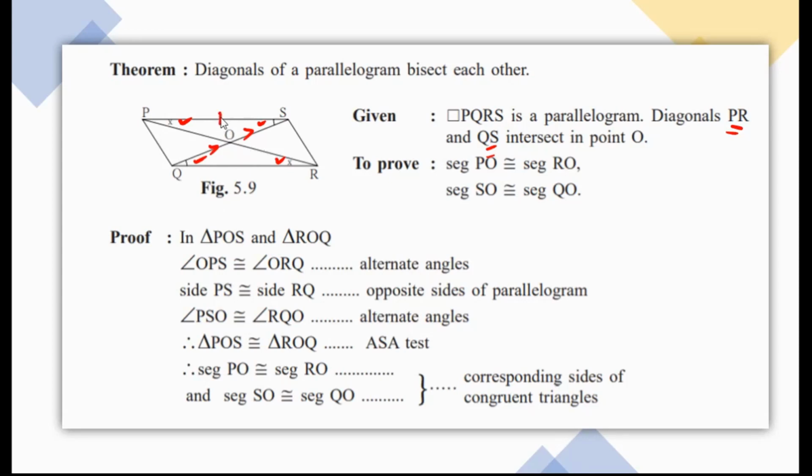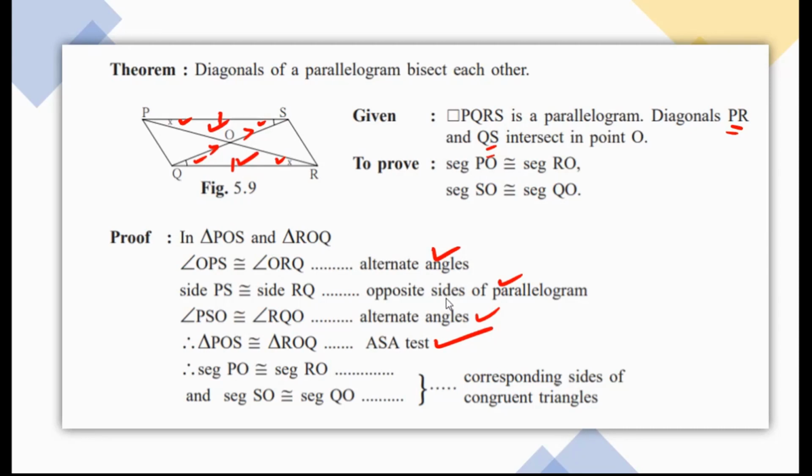Okay, and this side is congruent to this side because they are opposite sides of parallelogram. So by two alternate angles and the side in between, by ASA test we can prove that triangles POS and ROQ are congruent.